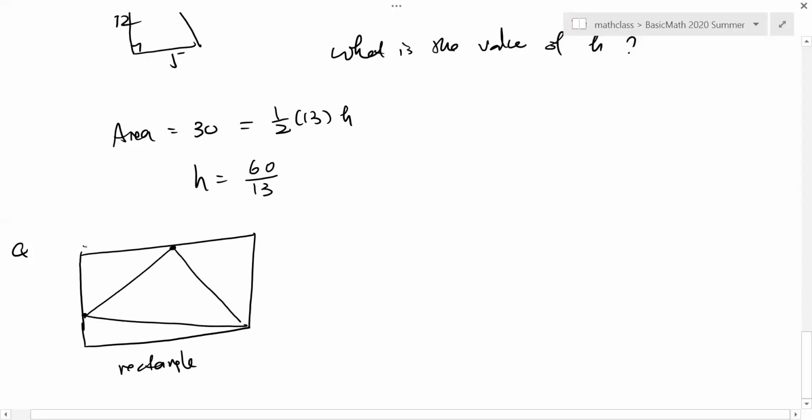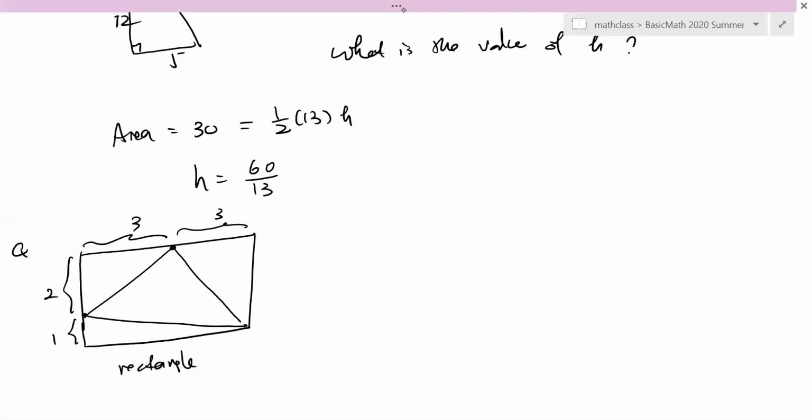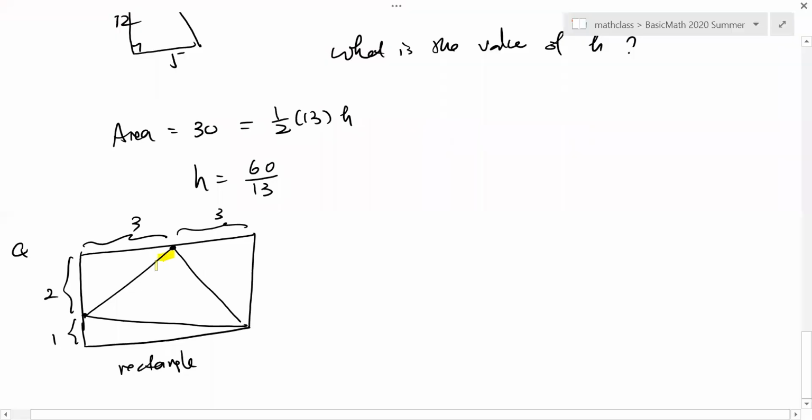This side is 3. This side, let's call it the middle point, is 3. And here's 2, here's 1. My question is, what is the area of this shaded region, this triangle?